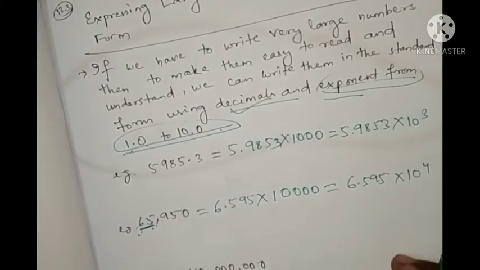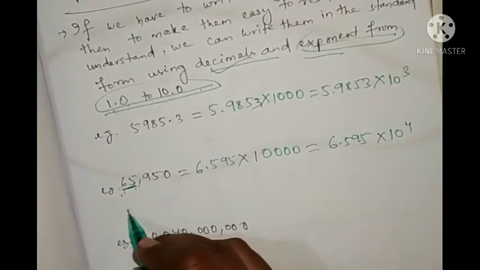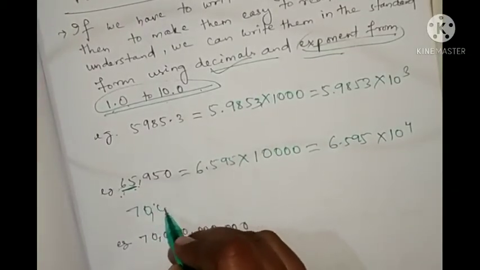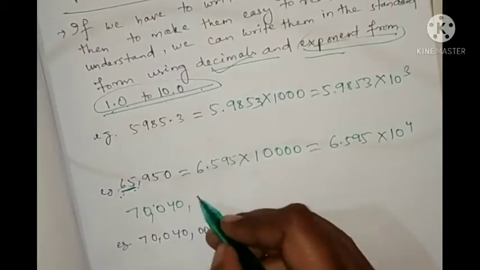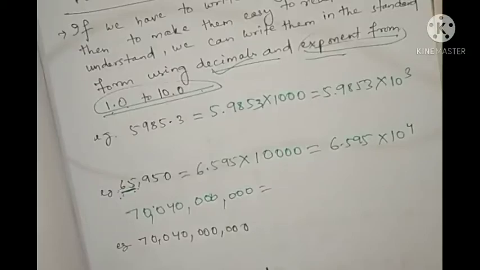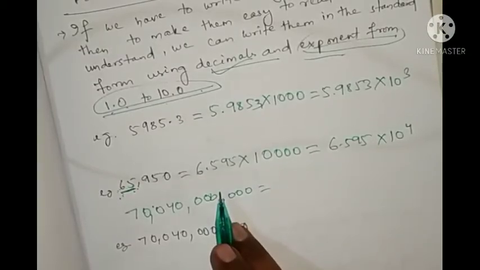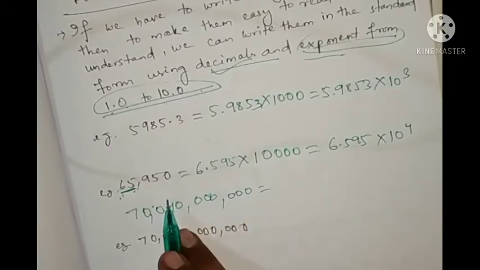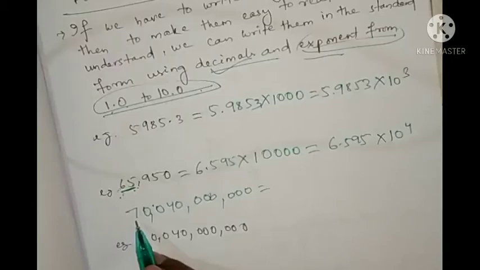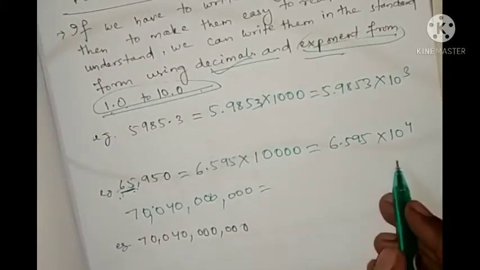Like this we can write a big number like 70,040,000,000. So always look how many numbers, means how many zeros, means where you are bringing the decimal. Before how many numbers you are bringing the decimal, that number of zeros you will put.